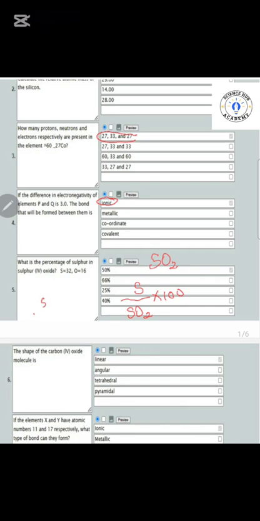We are given sulfur to be equal to 32. So that will be 32 over the summation of this, that is 32 plus the atomic mass of oxygen, 16 times 2. So that is 32 plus 32, so that will give us 64. So this will be 32 divided by 64 times 100, and that will give us 50%. So the answer to that is 50%.